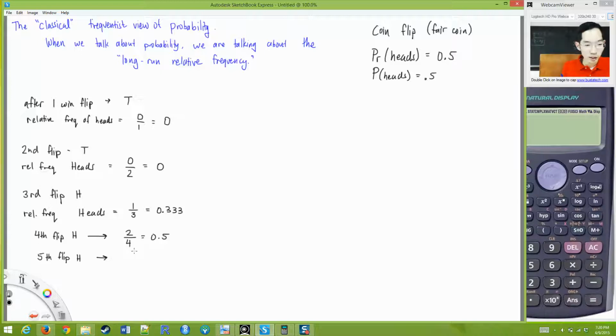And so now I have 3 heads out of 5 flips, and my relative frequency is 0.6. Okay. Is what I'm doing okay with everyone so far? Okay, and so far our sequence has been tails, tails, heads, heads, heads, okay?